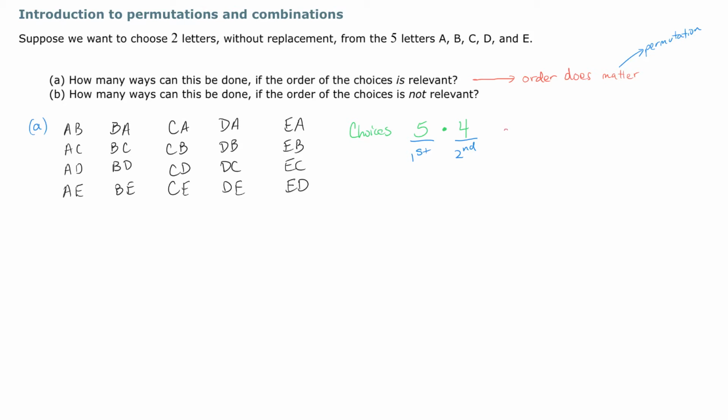So there's 20 orderings from 5 items taken 2 at a time. That's another way of saying this. There are 20 orderings from 5 items taken 2 at a time.